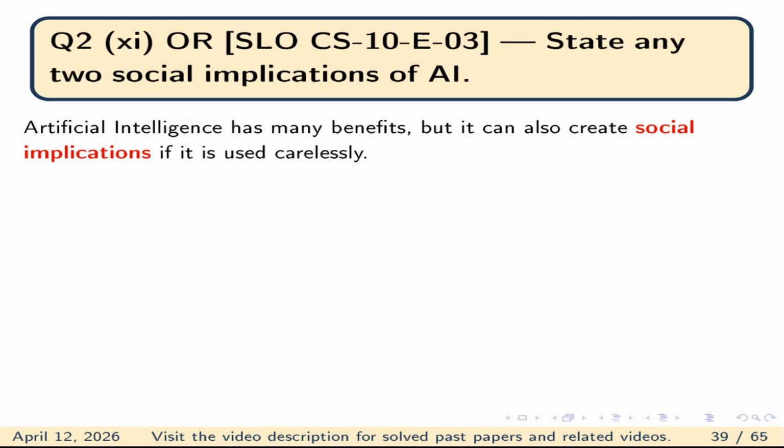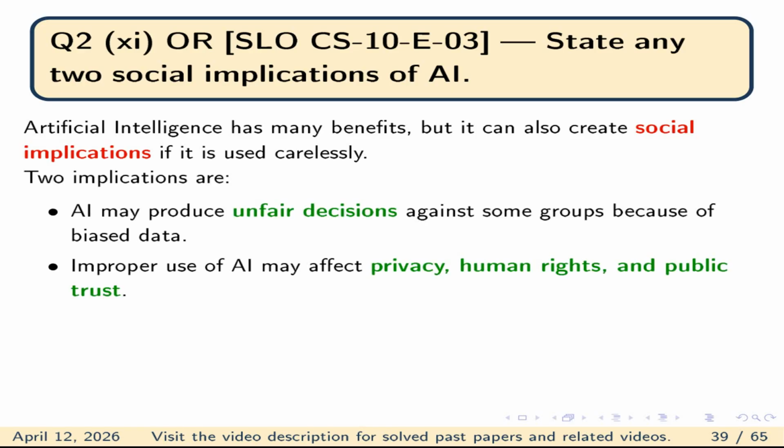Alternate part: State any two social implications of AI. Artificial intelligence has many benefits, but it can also create social implications if it is used carelessly. Two implications are: AI may produce unfair decisions against some groups because of biased data.